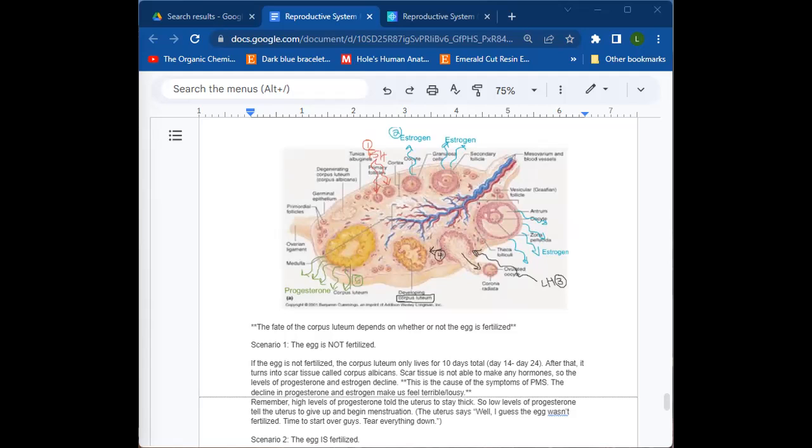Okay, so this is actually what's going to cause some of the symptoms of PMS. The decline in progesterone and estrogen is going to make us feel really ugh and kind of lousy.